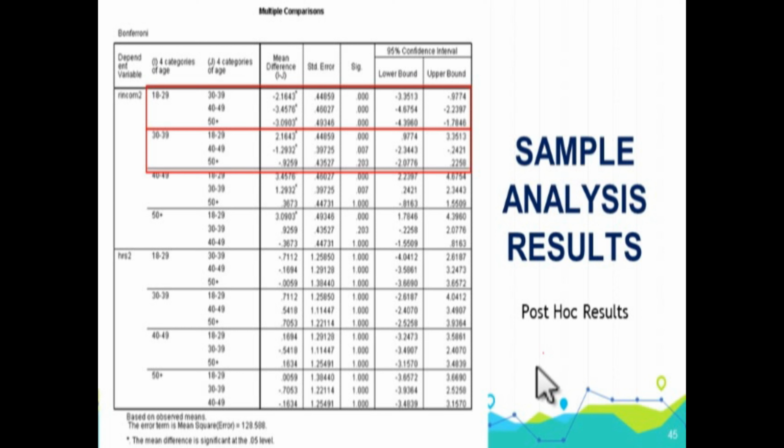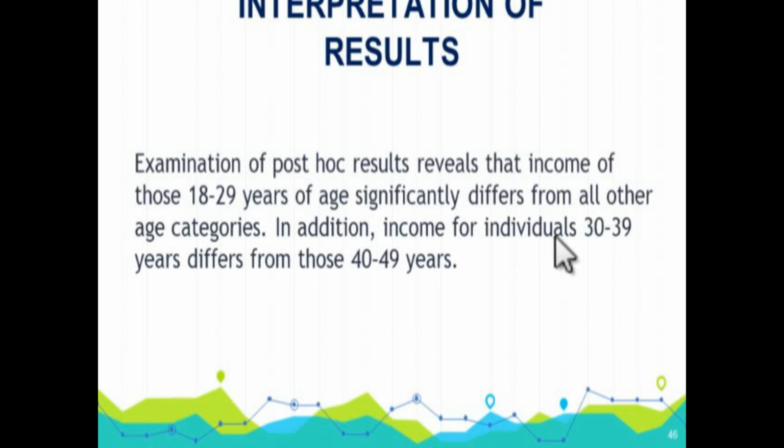In this case, because age category significantly affects income but not hours worked, we're going to consider this data for the post hoc result. The post hoc results reveal that the income of those 18 to 29 years of age significantly differs from all other age categories. In addition, income for individuals 30 to 39 years differs from those of 40 to 49 years.